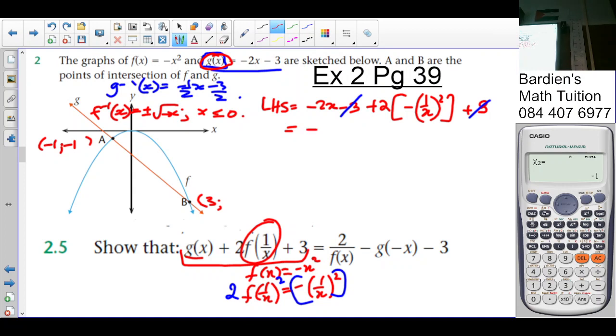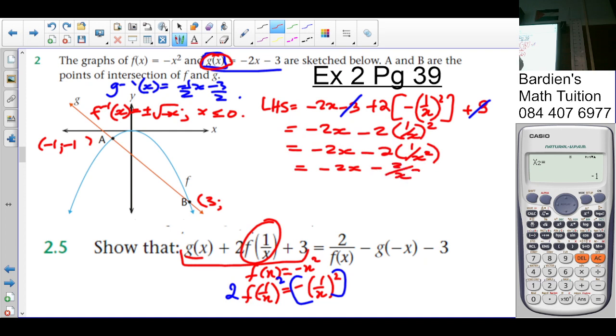Then we get negative 2x. Negative times positive is negative 2 into 1 over x all squared. Or you can write it as negative 2x minus 2 into 1 over x squared, which in turn can also be written as negative 2x minus 2 over x squared. So that is the left hand side in the simplest form.